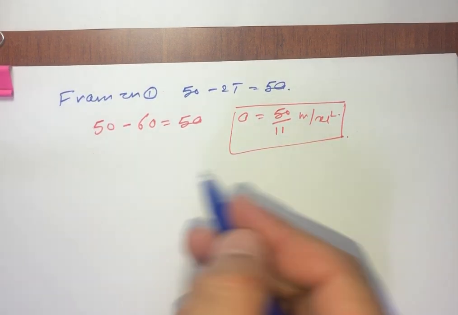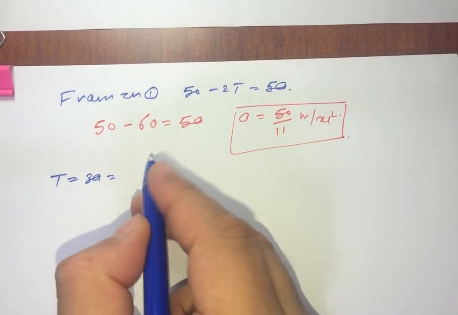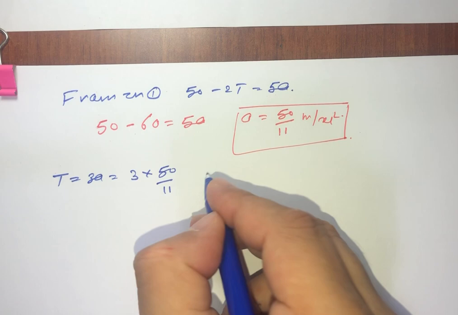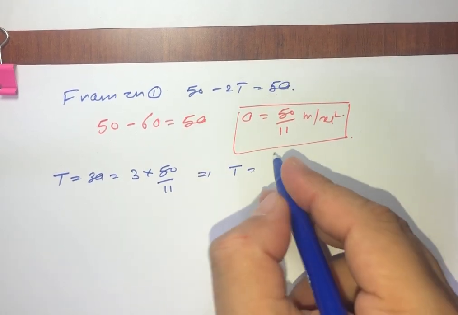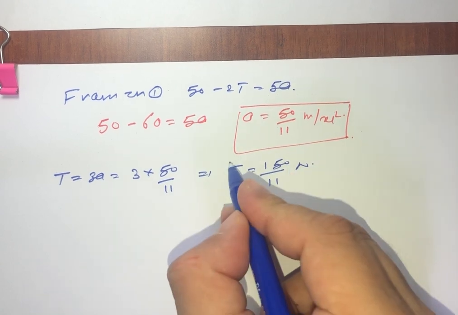And we can find out tension T. T is equal to 3A, which comes 3 into 50 divided by 11. You can say T will be equal to 150 divided by 11 newtons.